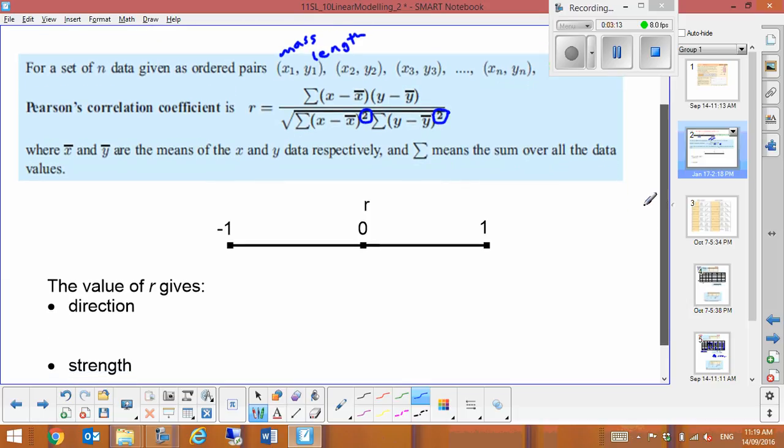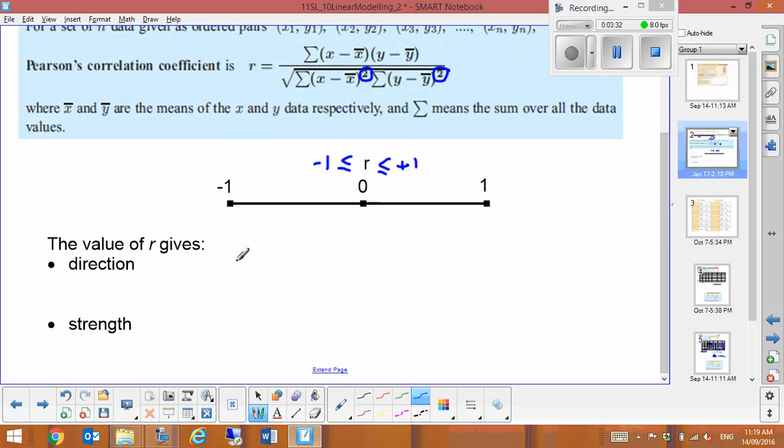So when we do that, we find we come out with R values that are between 1 and -1. So our R value is less than or equal to +1 and greater than or equal to -1. And what we find is that for the direction, when we have R values greater than 0, in other words, they're positive, it's related to data that's in a positive trend.